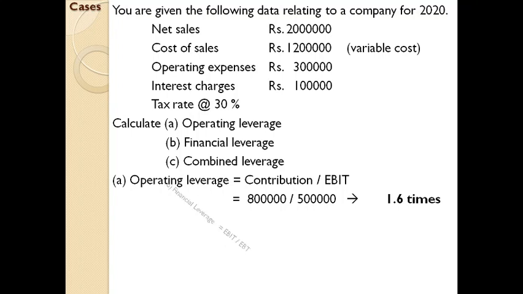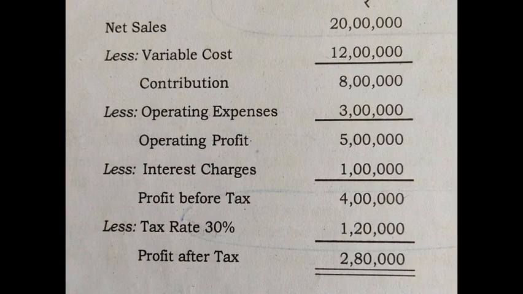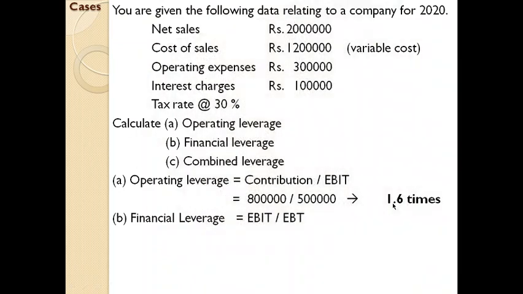Next is financial leverage: earnings before interest and tax divided by EBT, otherwise known as operating profit divided by profit before tax. Operating profit or earnings before interest and tax is 5 lakhs and profit before tax is 4 lakh. So 5 lakh divided by 4 lakh, you will get 1.25 times.